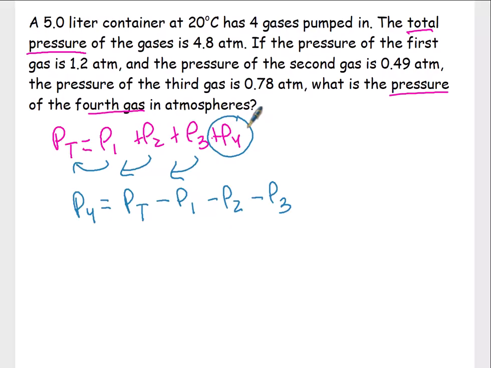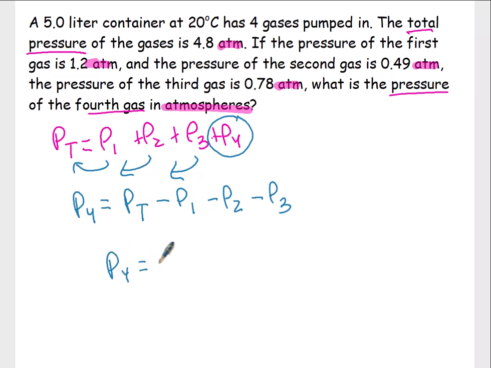The hardest part of Dalton's law is making sure that all of your units are the same. In this problem, we have ATM, ATM, and ATM, and we want our answer in ATM. So we can just plug everything in.